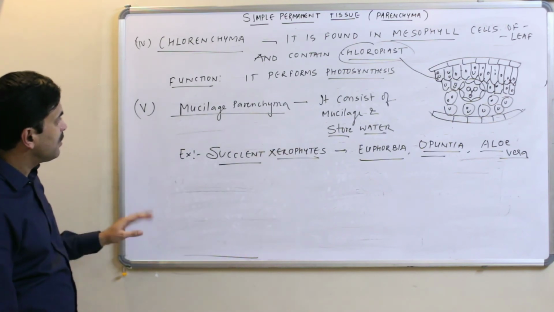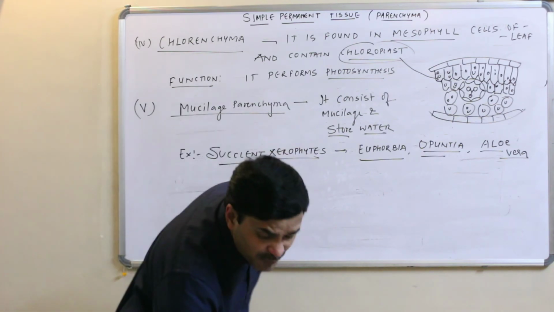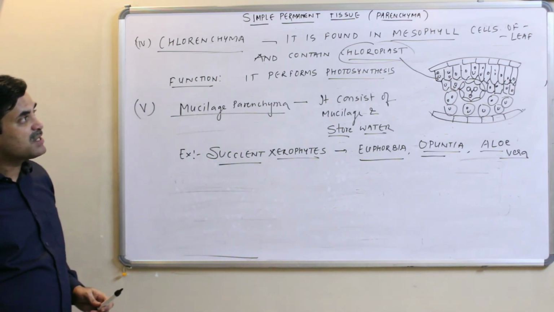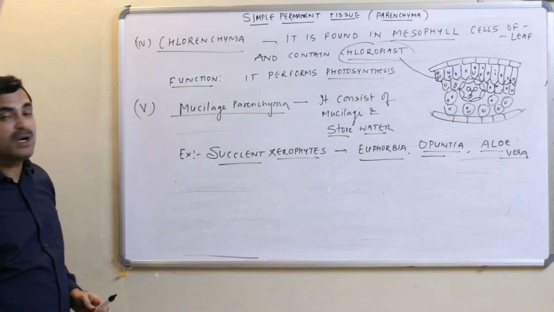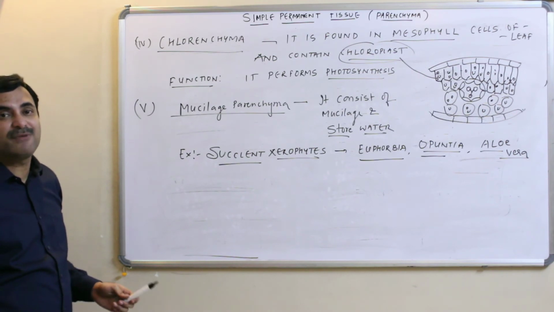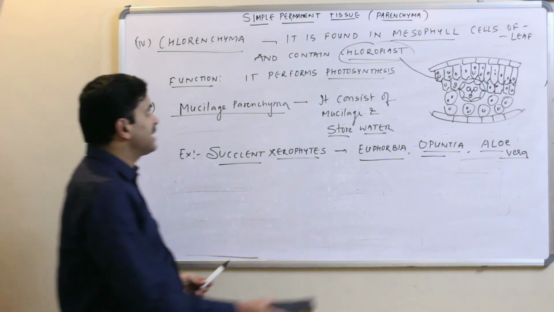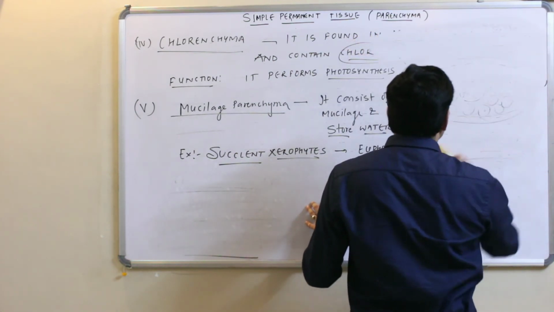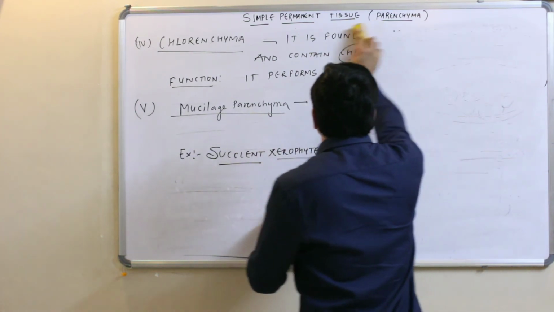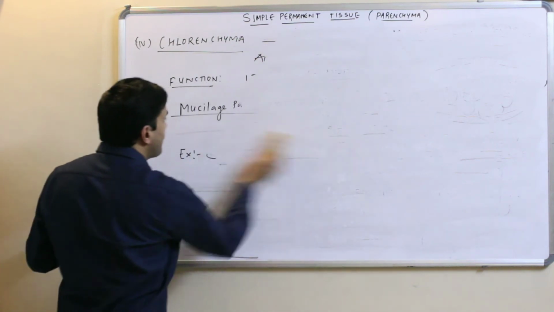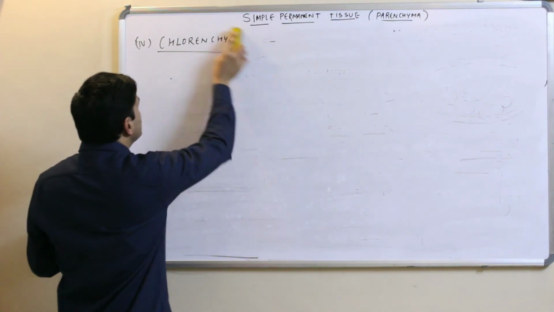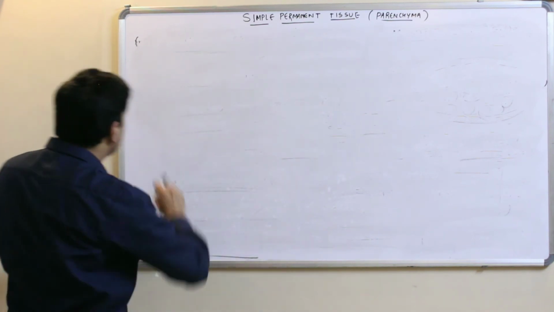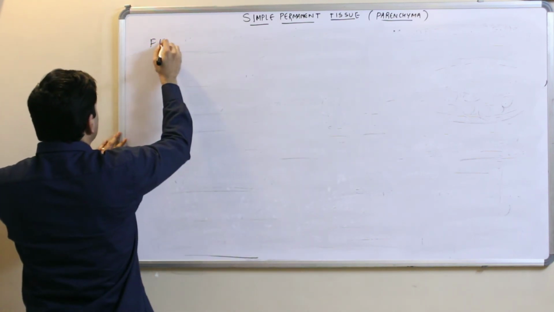Alright. Now, these are the types of the parenchyma. Now, at last, if we talk about the functions of the parenchyma, what are the prime functions of the parenchyma? So, functions of parenchyma.